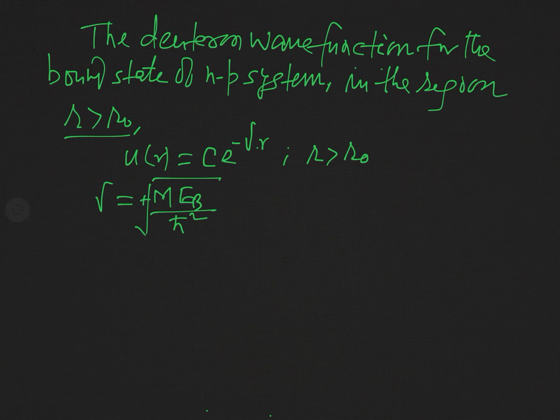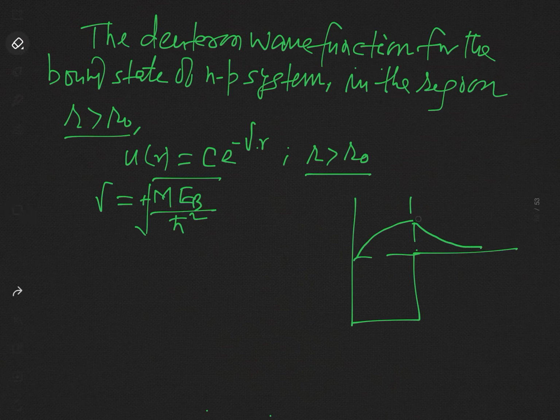So you can see in the ground state of the deuteron, the wave function outside of the potential well, and when you say outside of the potential well, it means you are talking about the region which is outside of the range of the nuclear force, is actually exponentially decaying. Actually, we have seen in that case that the wave function was just varying like this.